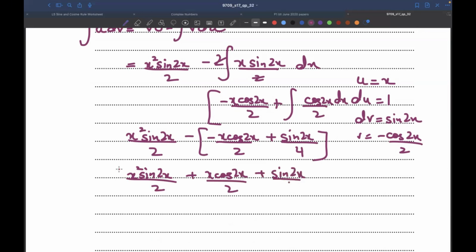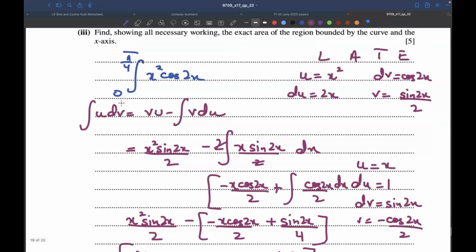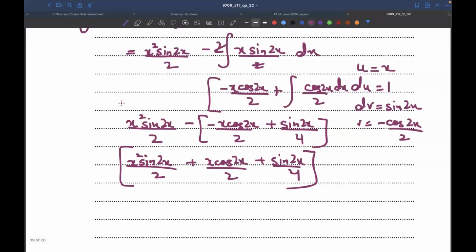Now we have to simply substitute the upper and lower limits. The upper limit was pi upon 4. So substituting x equals pi upon 4 over here, we can do this separately. So sine 2 into pi by 4, that is sine of pi by 2, or sine 90, and we know that sine 90 is 1.